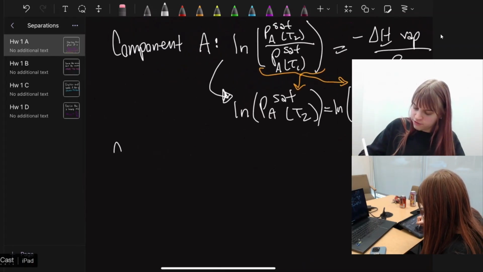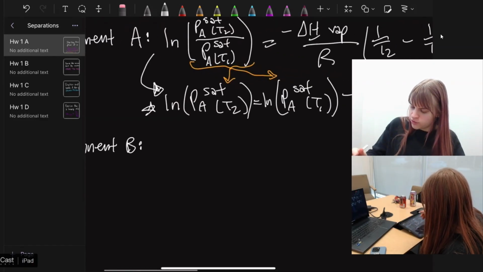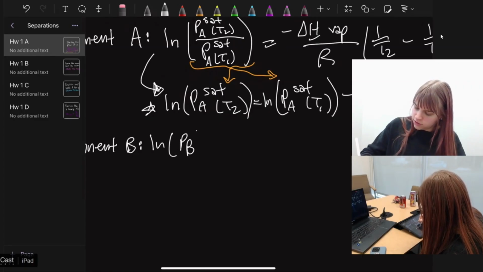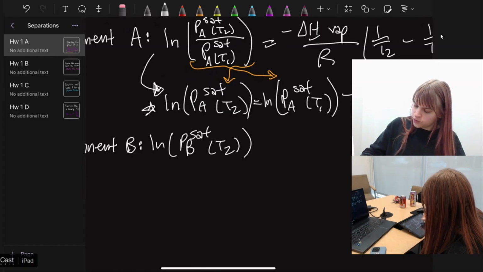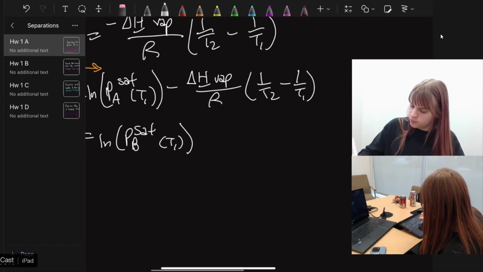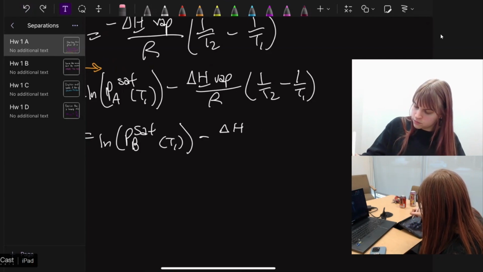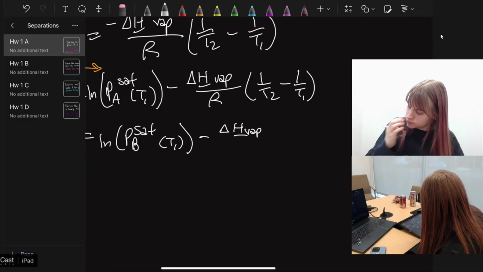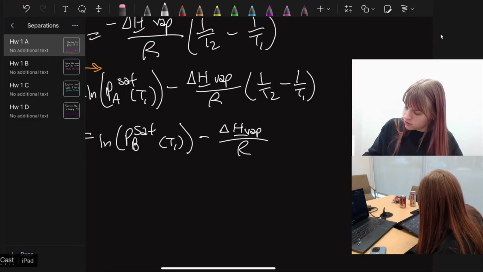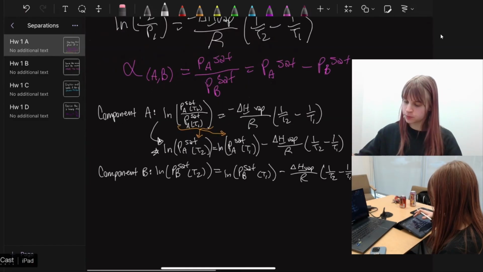And in the same way for component B, I'm going to go ahead and take this equation just for ease of comparing. The natural log of the saturation pressure of B at T2 is also equal to the natural log of the saturation pressure of B at T1 minus the enthalpy of vaporization over the gas constant, and then our temperature ratio right there.